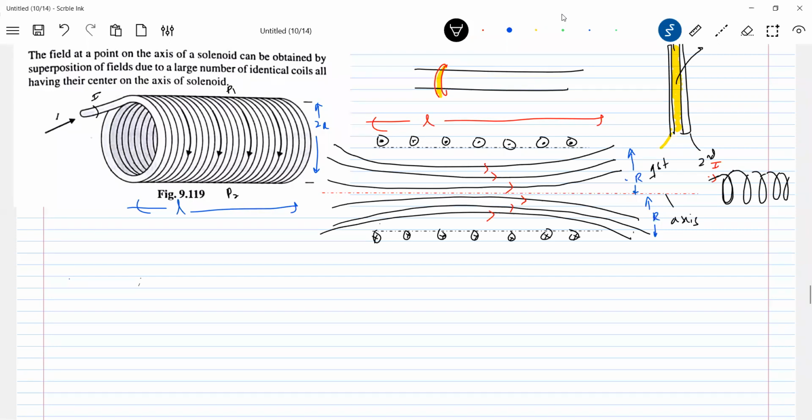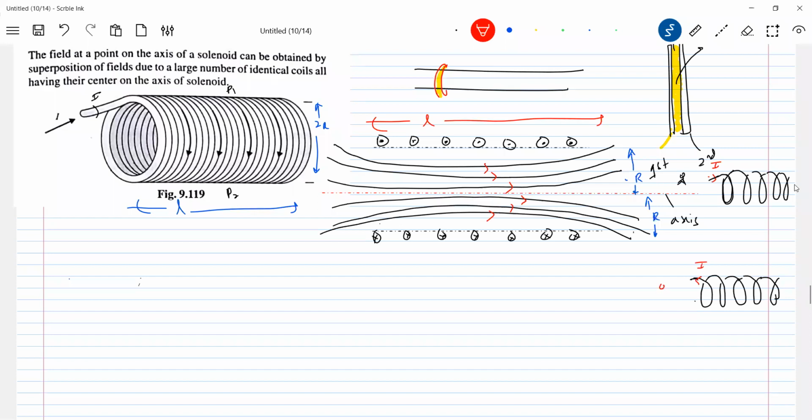If you stand here, then what you see is current in clockwise, no? If the current is anti-clockwise, the same spring, you draw it. So current, let it be anti-clockwise.